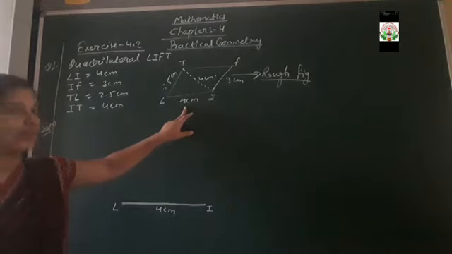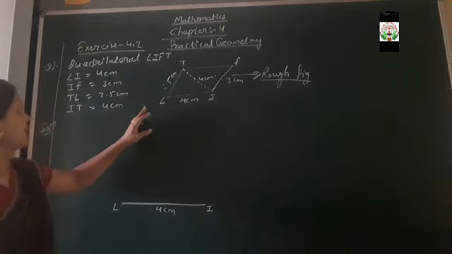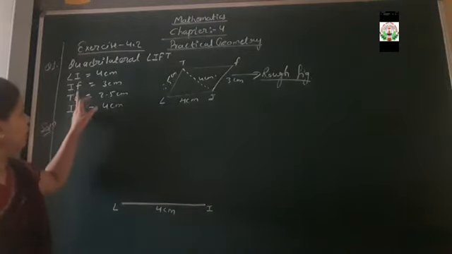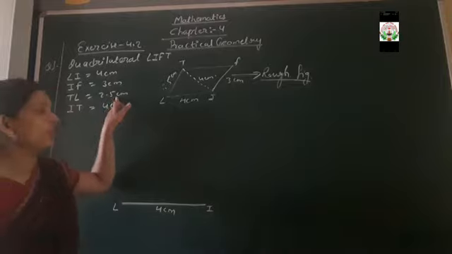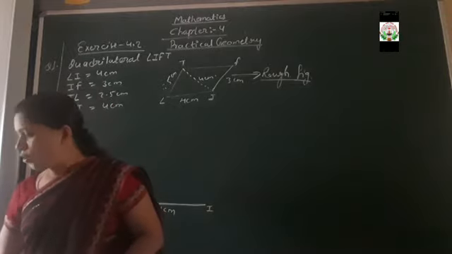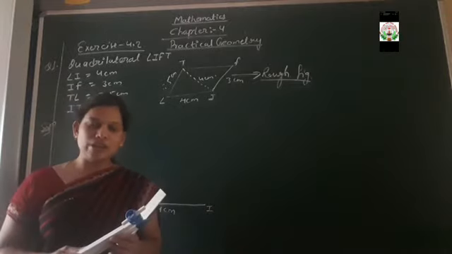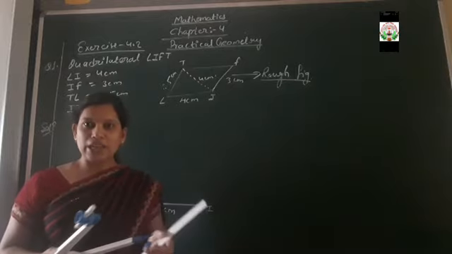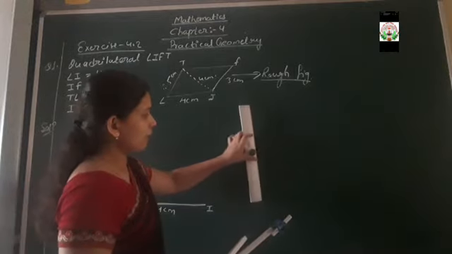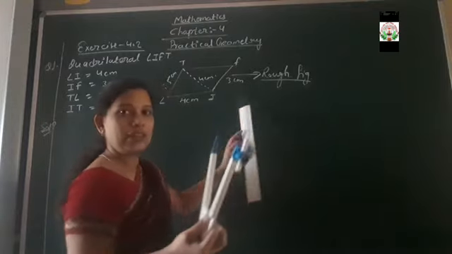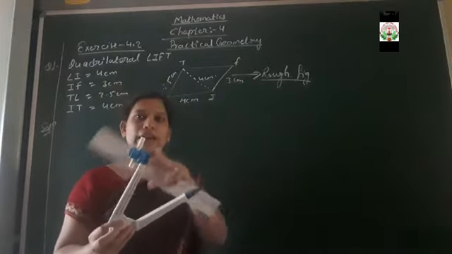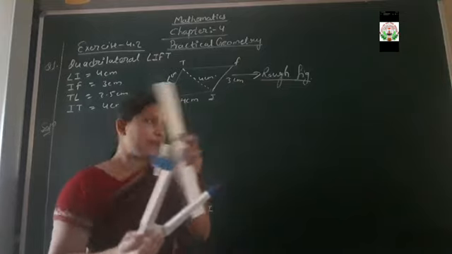After this, the next step is to create the next line. LT is given, so first we have to measure LT of 2.5 cm. As you have a compass at home, keep the scale on your copy. This one is the needle part and this one is the pencil part of the compass.